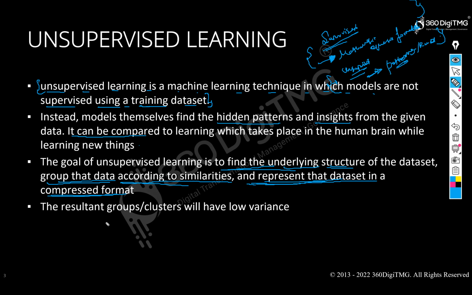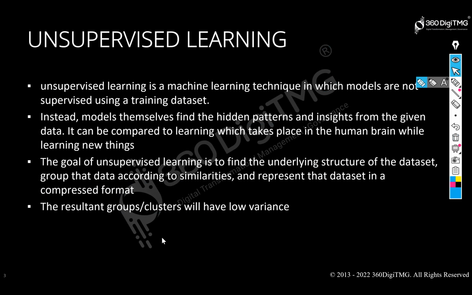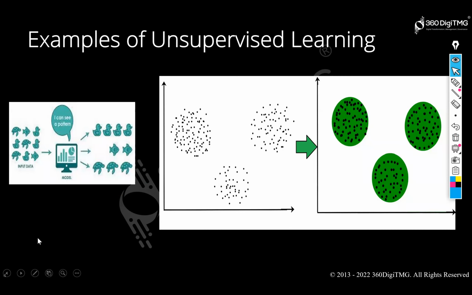The resultant group or cluster will have low variance. So this is the cluster which we have discussed.